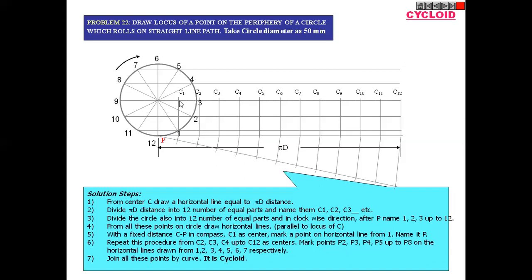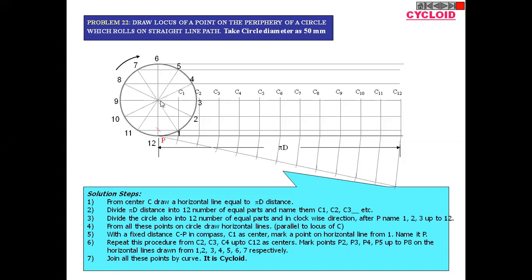Now, let us see how we can mark this position. For that, you have to use the compass again and set the radius of this circle. Then, with C1 as a center, mark an arc on the horizontal line passing through point 1.